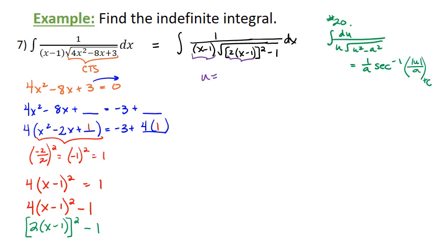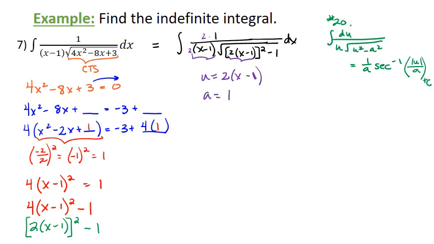So they're off a little bit, and what you can do, because there's a 2 here, is multiply this by 2 and do the same thing here. And so then u is 2x minus 1. And then those 2's will cancel out. But anyway, u is 2 times the quantity x minus 1.